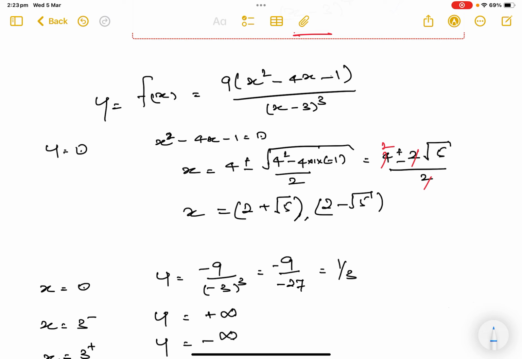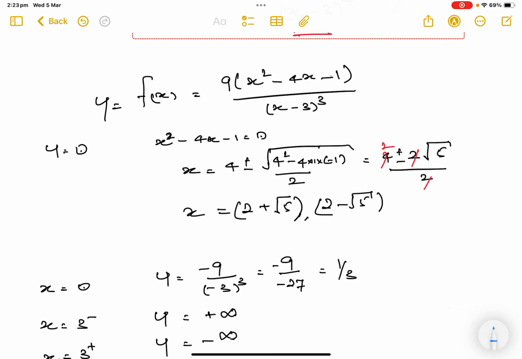If I take 4 out of the square root, inside the square root is 5, root 5. 2 comes out because 4 becomes 2 outside the square root. So 2 is common.